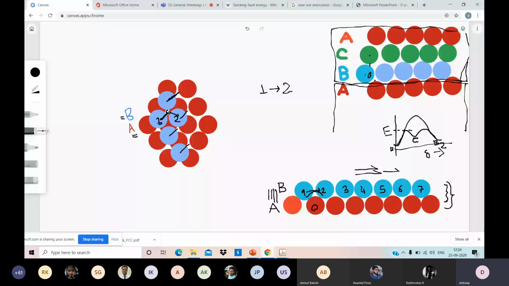They are not exactly on top, they are different. So if B atom goes to C position, naturally the above planes will move to the next group. Got your point how stacking faults are created?